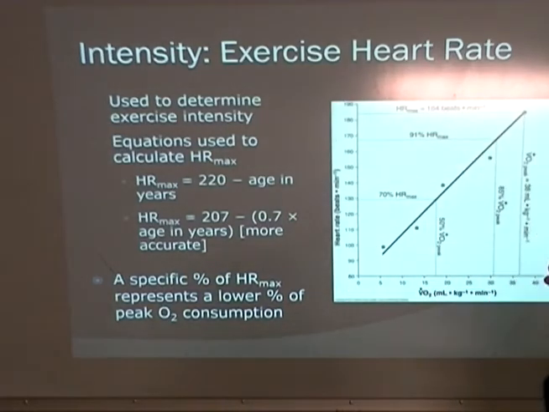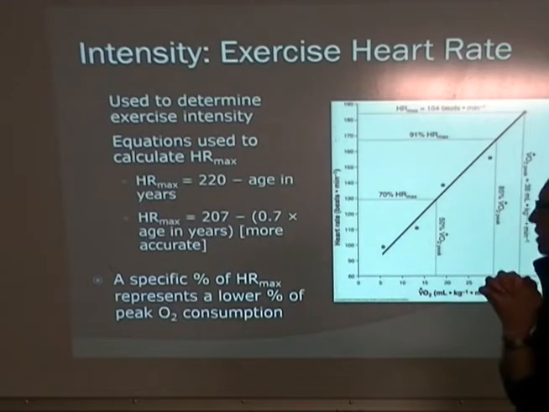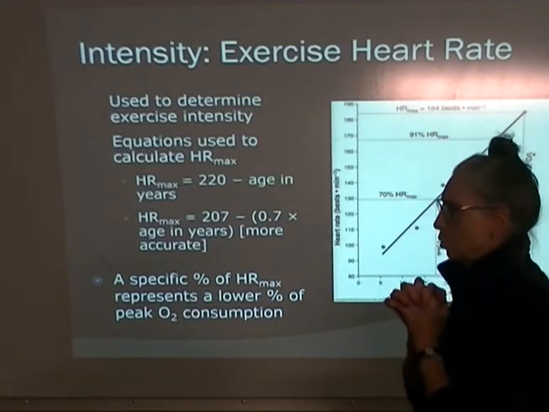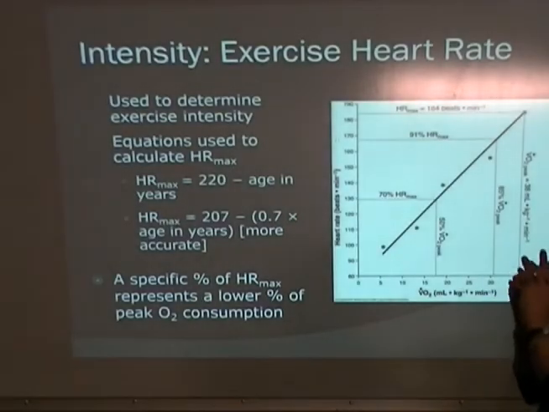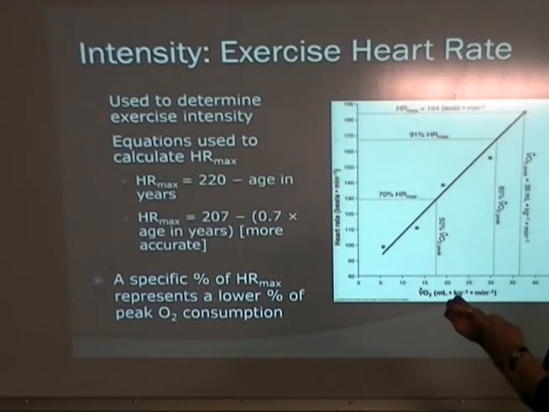So we can calculate, estimate our heart rate max, right? So one way of estimating heart rate max is just to say 220 minus my age. And that number is your heart rate max, and then you're going to work out a percentage of your heart rate max, okay?